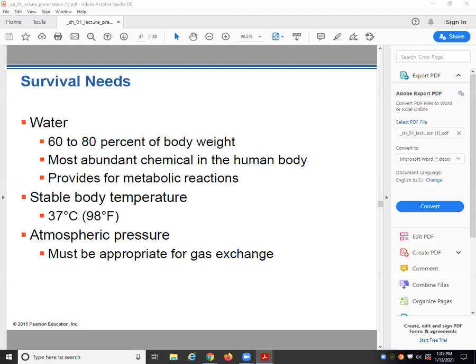You need a stable body temperature, right? So 98 degrees. If it's too hot or too cold, your body's not going to work properly. And atmospheric pressure, you have to have the right pressure so that you can have gas exchange, because you need to be able to take in oxygen and get rid of carbon dioxide. So you have to have the right atmospheric pressure.